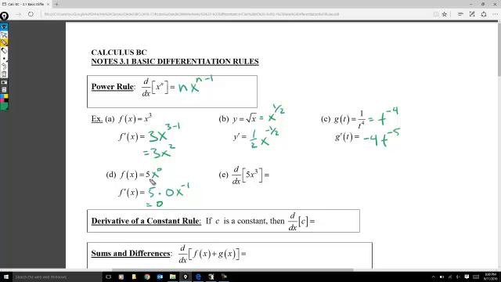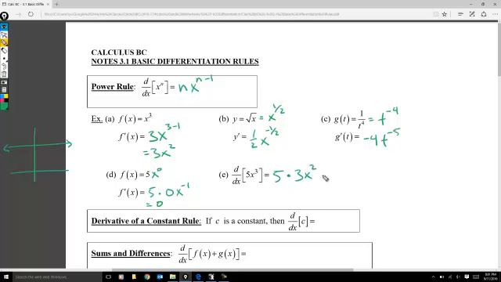So the derivative of my constant was just 0. And that makes sense. If you think about the graph of the constant function, it has a slope of 0. So the derivative, which again is basically slope, is just 0. That's what we're saying here. And again, the derivative with respect to x of 5x cubed: if you already have a coefficient, that's just going to chill where it is, and then you multiply it by this derivative here.